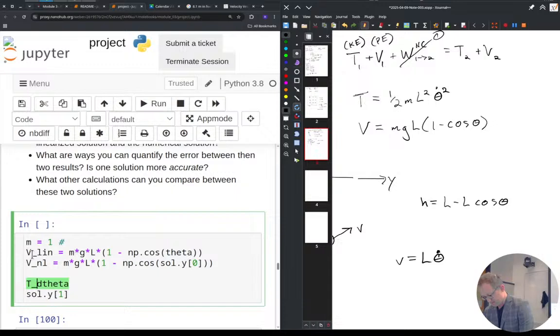T linear, take L squared d theta dt squared. It's the same equation for the nonlinear.